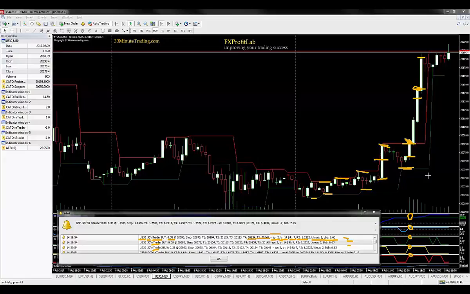So if that's true, and not always, of course, but if it is true, then it's going to go on the next candle, and it's going to start making its move up. If it comes back, it means it's not going.